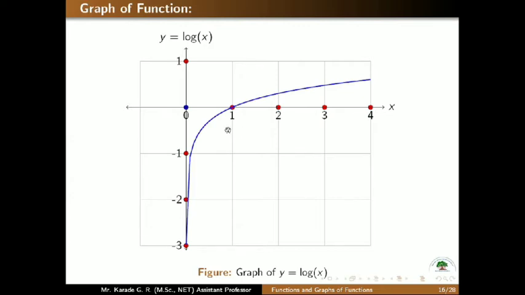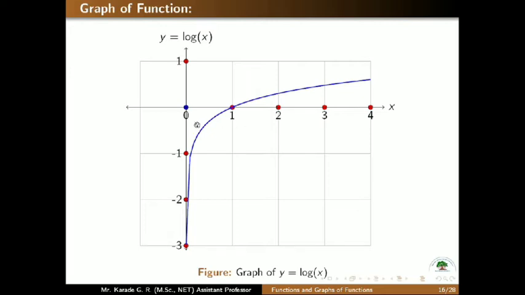So here we observe that as values of x go on increasing, the values of the function also go on increasing. In this case, whenever x becomes larger and larger, the values of log x also become larger and larger. So in terms of limit, we say that the limit of log x is infinity as x approaches infinity.